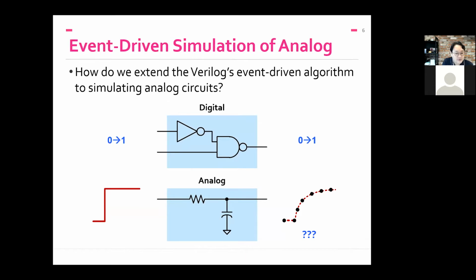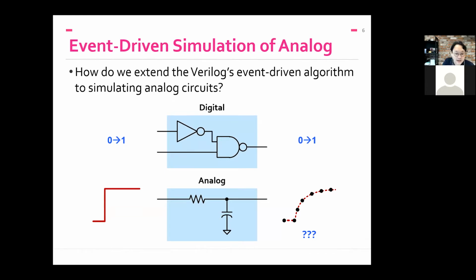The first idea when we started this company is that we have Verilog, which is really good at simulating very large-scale digital systems. And the key to that is this event-driven algorithm. If you take digital gates, Verilog only does the computation for the gates whose inputs are changing, like from 0 to 1 or 1 to 0, and computes the output change as a result of that.